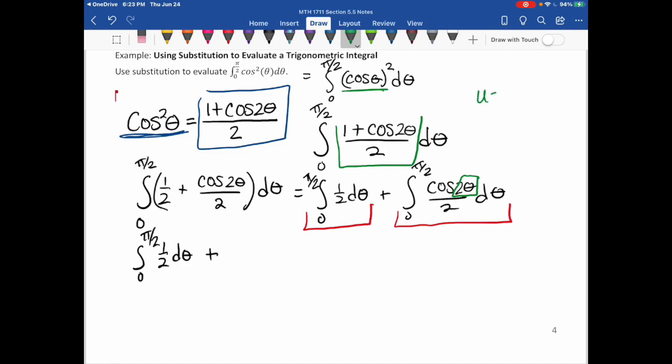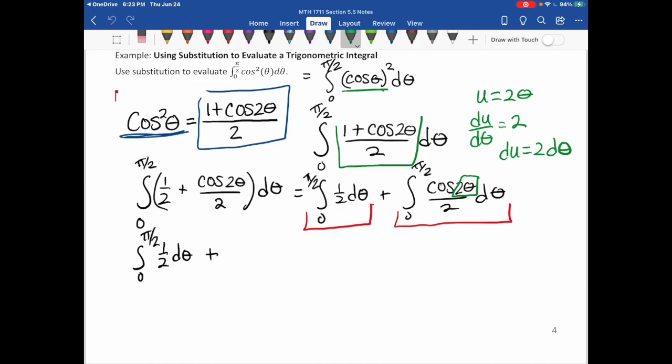My inner function is going to be 2 theta, so I'm going to let u be 2 theta. When I take the derivative of u with respect to theta, I'm going to get 2. And then when I multiply both sides by d theta, I get du is equal to 2 d theta.